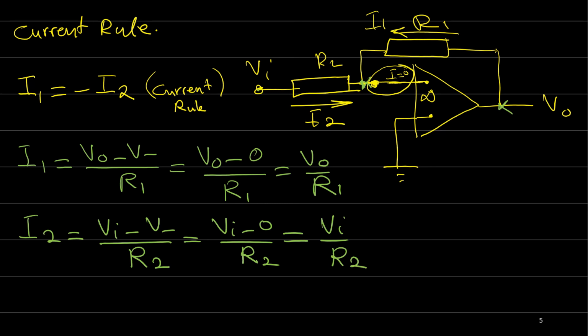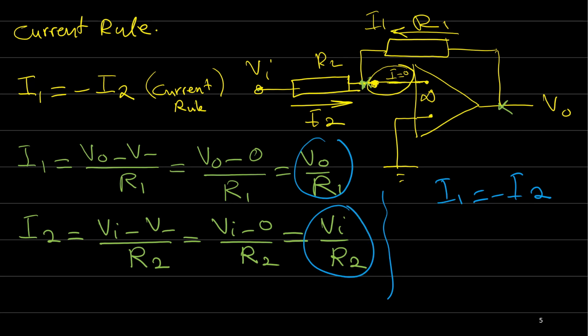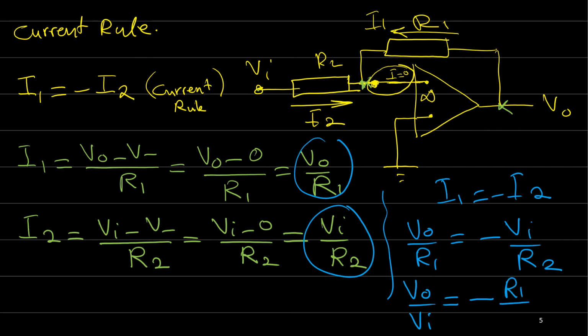Since I1 equals minus I2, V out over R1 equals minus V in over R2. And from this we can say that V out over V in is equal to minus R1 over R2.